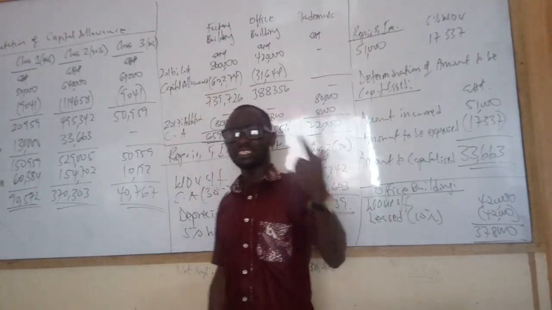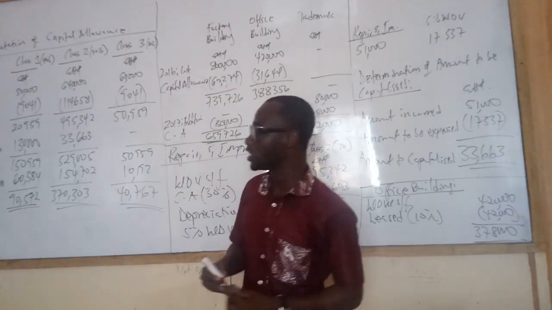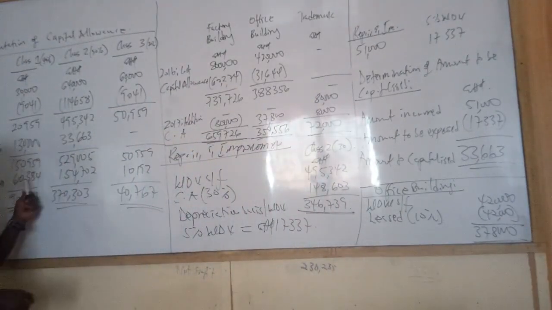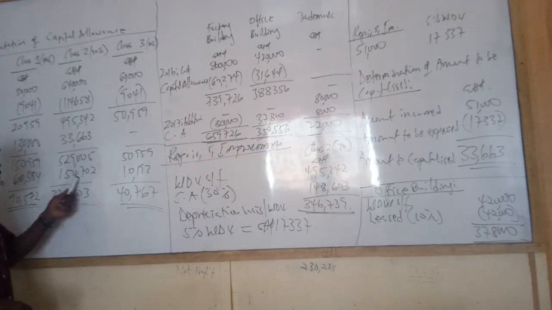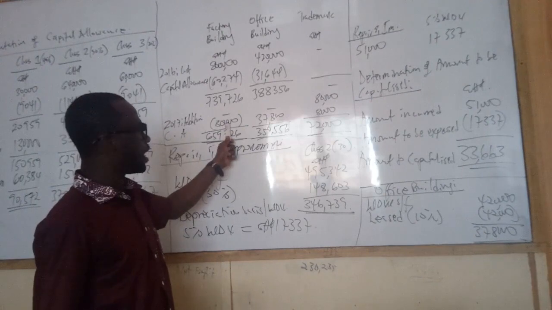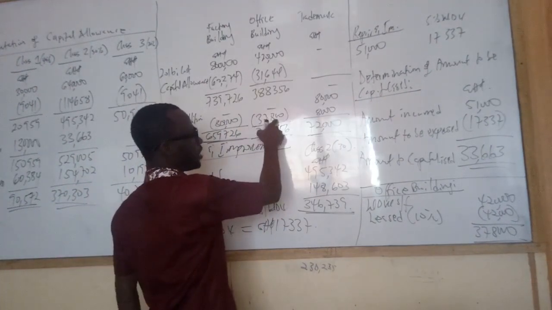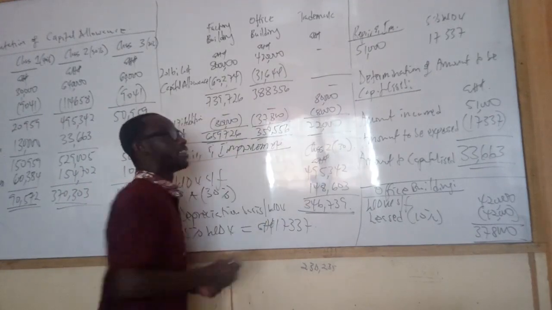So in 2017, what is the total capital allowance we're going to be charging? It will be 60,300 here, 154,702 here, 10,192 here, 80,000 here, 37,800, and then what? 8,000.